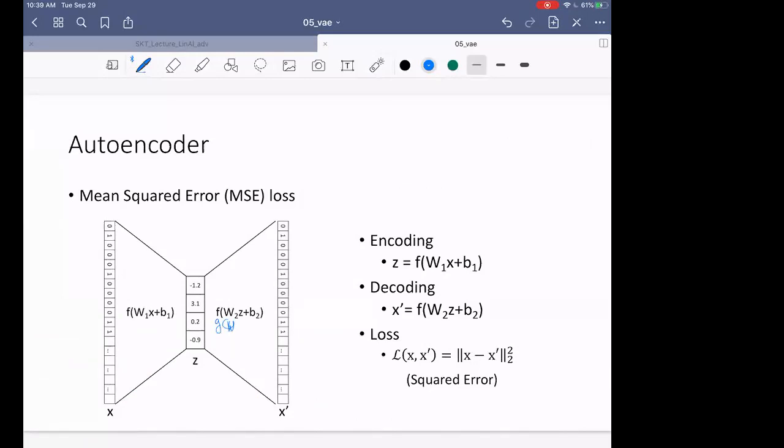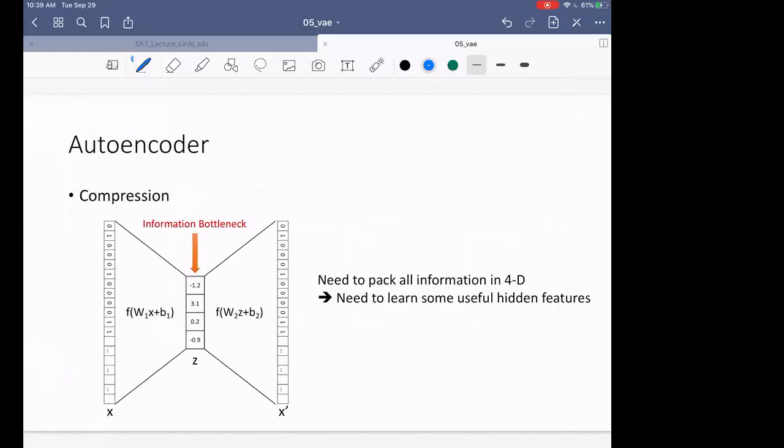It could be a different combination. We talked about it in pretty lengthy detail last time. Anyway, I'm just going to erase that. So you put it through another nonlinear layer, and then you get the x prime, and then you do this least squared error, which is the mean squared error.